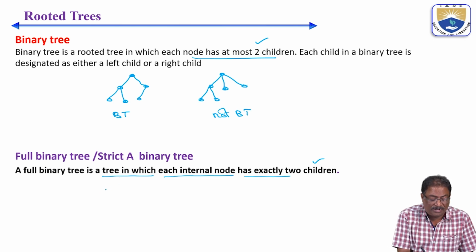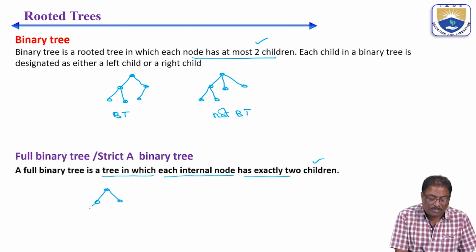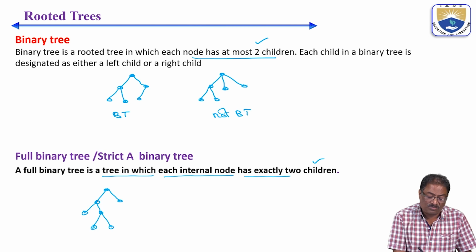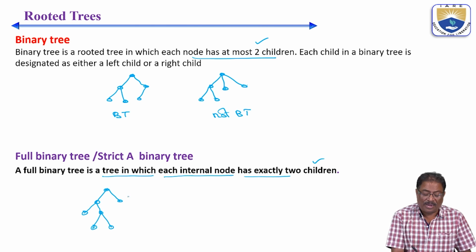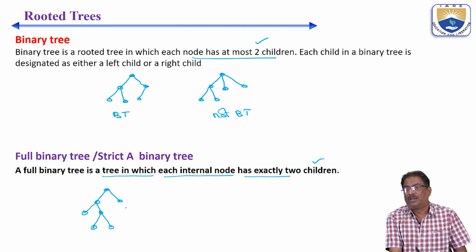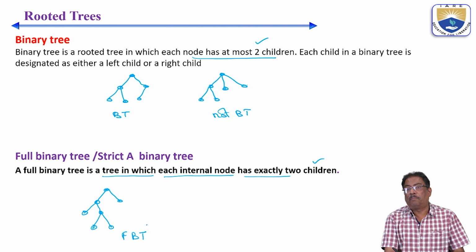This is an internal node, this is an internal node; internal nodes have exactly two children. Forget about the leaf nodes, a leaf node is not an internal node. So this is known as a full binary tree, or strict binary tree.